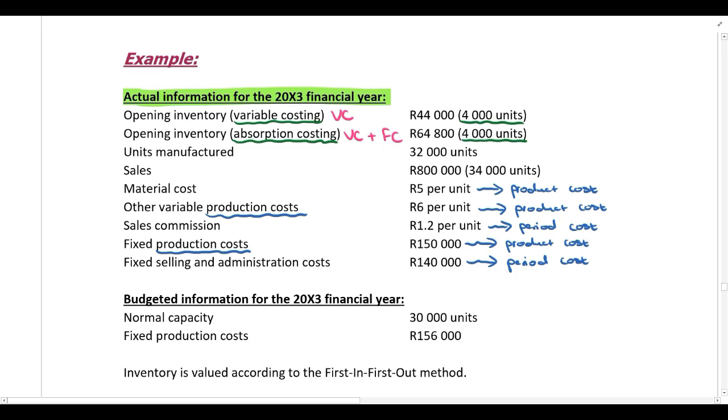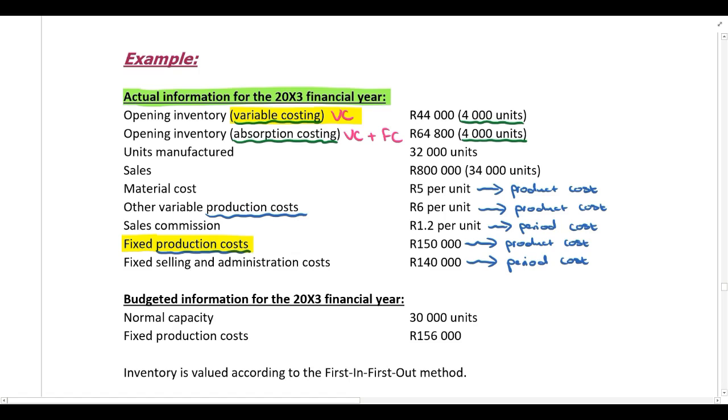Then please note, this fixed production cost over here, even though it's a production cost and it's manufacturing in nature, if we are using variable costing, we know that we can only include variable production costs in the cost of inventory. So if variable costing is used, this fixed production cost will not be included in the cost of inventory. It will be expensed in the period incurred.